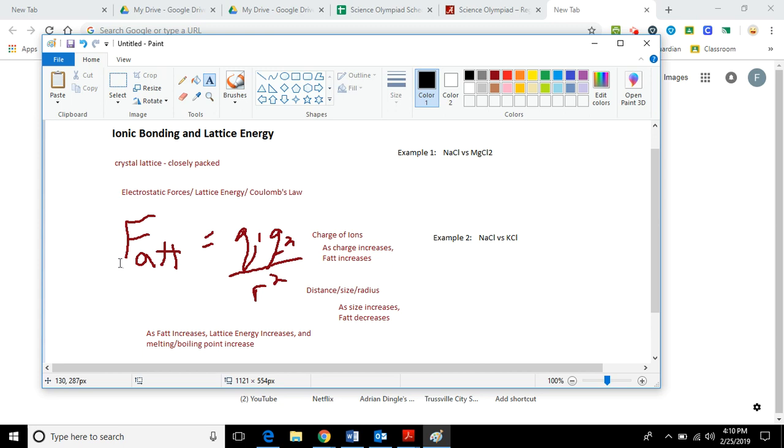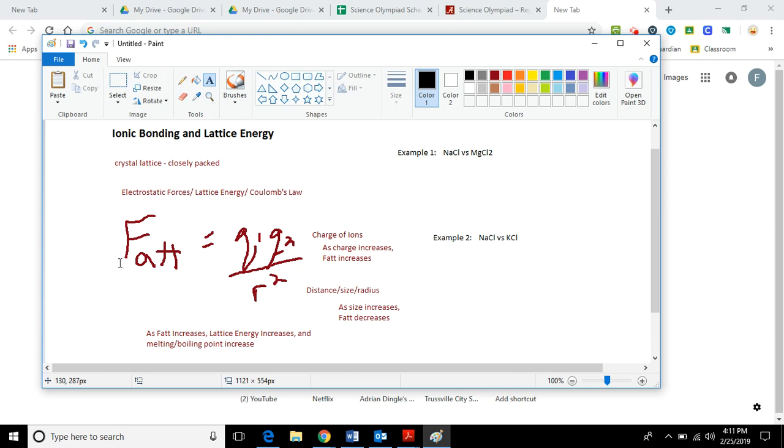It's NaCl. NaCl has the greater lattice energy because it is smaller in size, even though they have the same charge. And because it's smaller in size, it has a greater force of attraction, which in turn gives it a greater lattice energy.